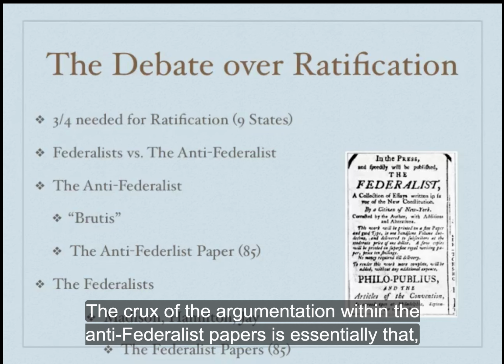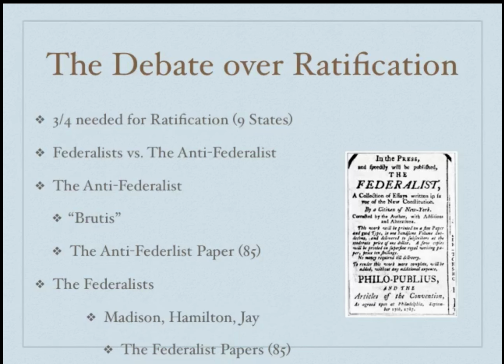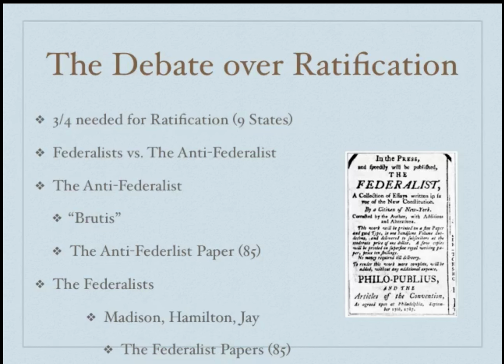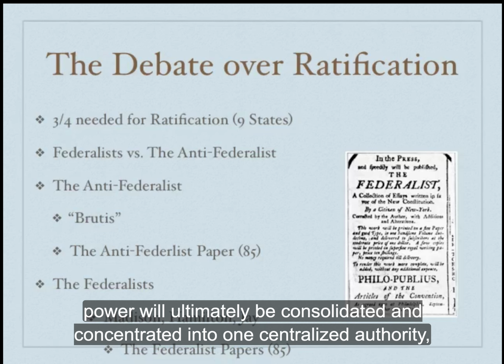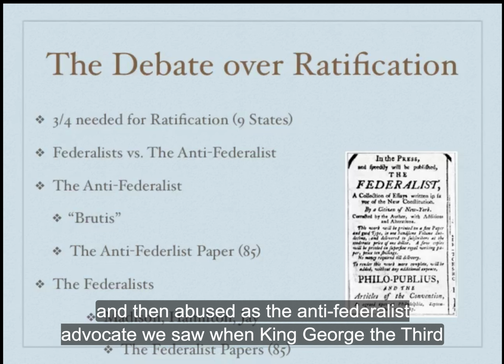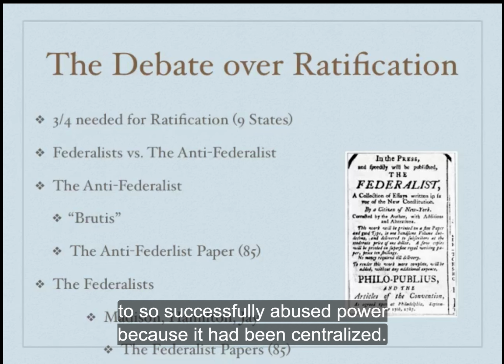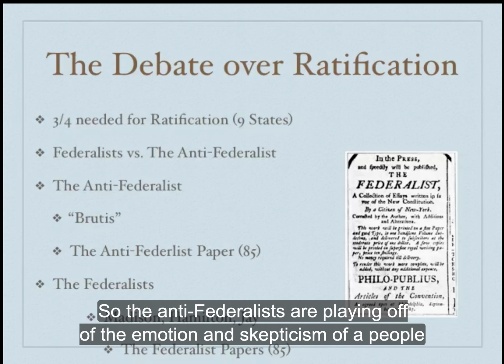The crux of the argumentation within the Anti-Federalist papers is essentially that if we ratify, if we centralize government and create a federal system of government, power will ultimately be consolidated and concentrated into one centralized authority and then abused, as the Anti-Federalists advocate we saw when King George III and the British Parliament were able to so successfully abuse power because it had been centralized.